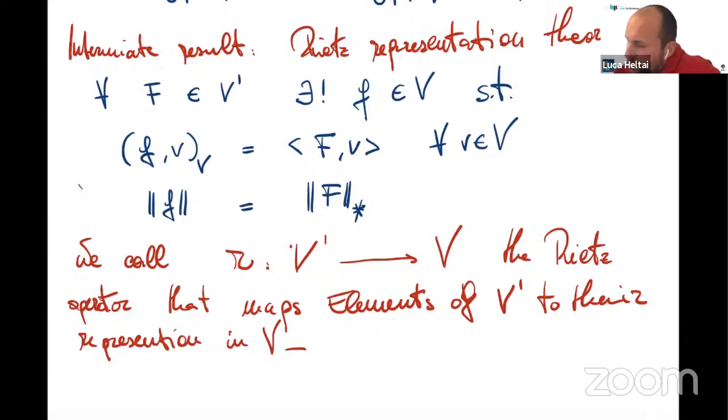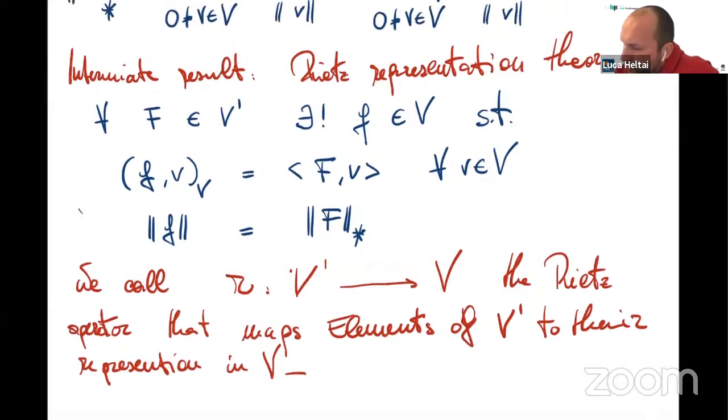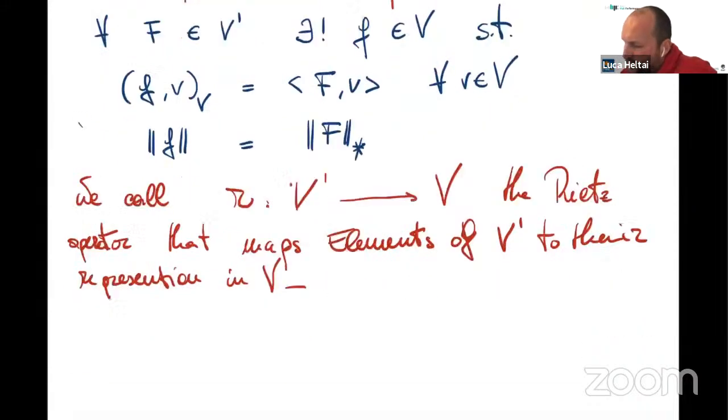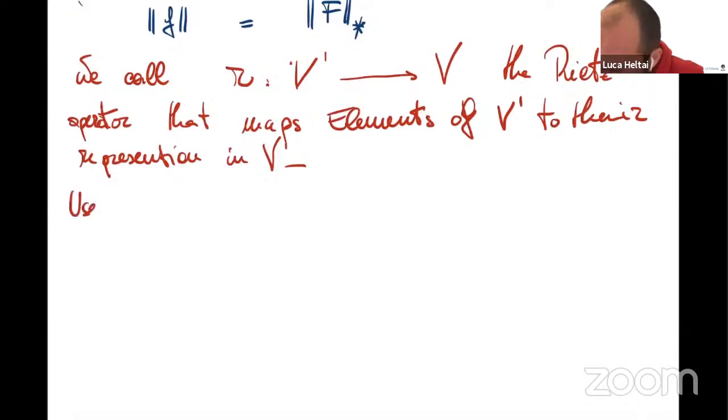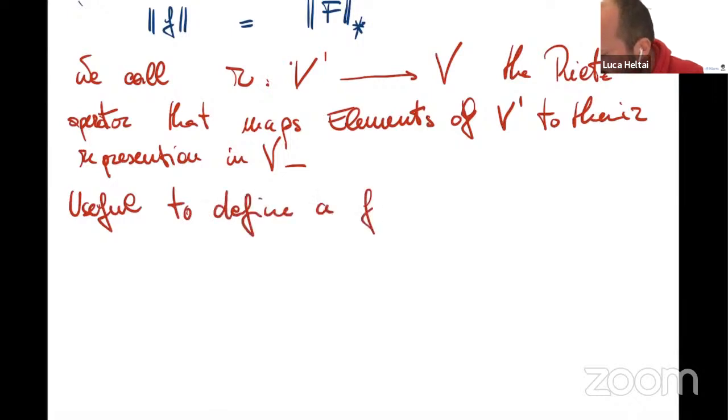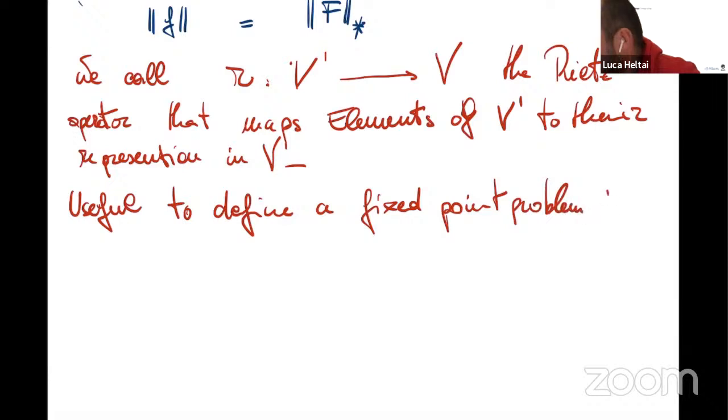Why is this useful? Well, this is useful as an intermediate result for the following. I'm not going to prove this result; I'm going to use it. We can use it to define a fixed point problem in V. Now, the idea is the following.